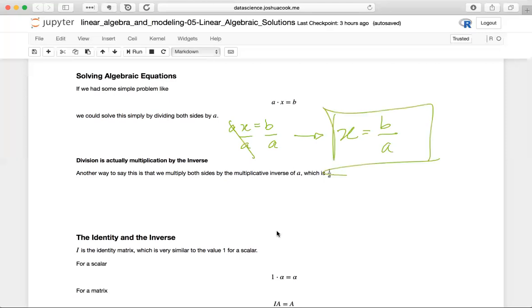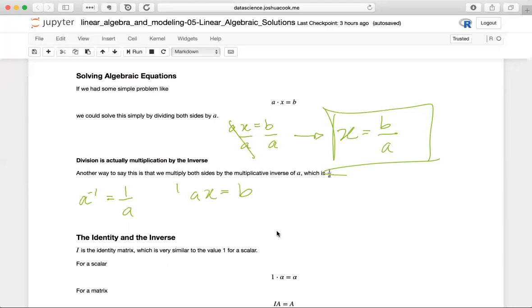That's an algebraic solution. Okay, but a better way to think about this is not in terms of division. Division is actually multiplication by the inverse. So the inverse of a, which we can write as a to the -1 power, is 1 over a. So if we have this equation, ax equals b, we can multiply both sides by the inverse.